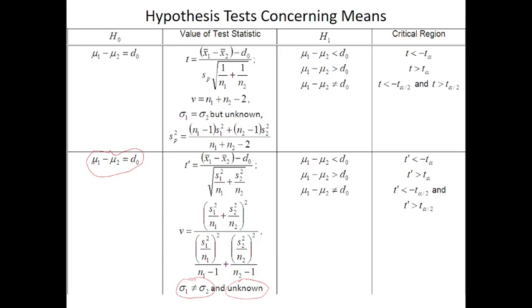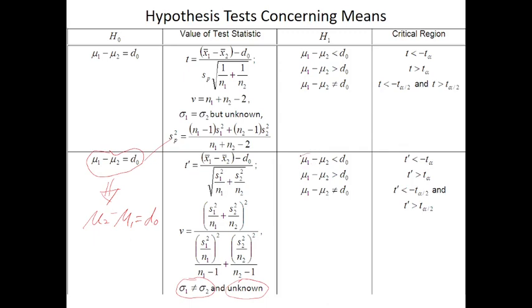And we're going to test the null hypothesis. So in our problem, we're going to test mu sub 2 minus mu sub 1 equals d sub 0. What is the alternative?